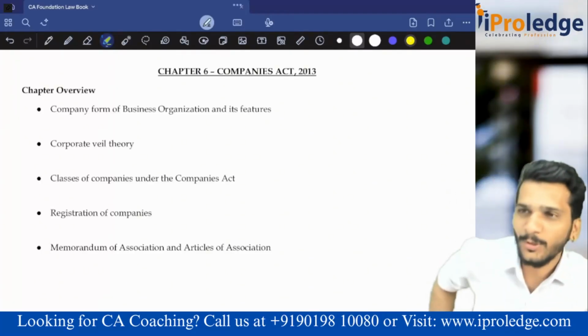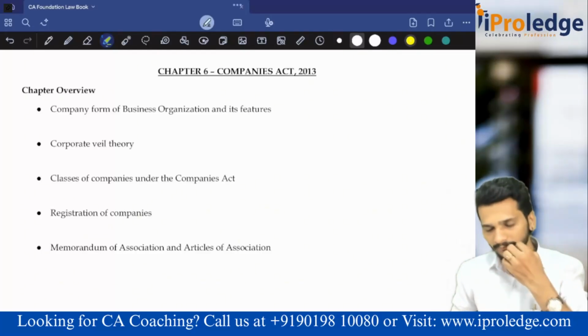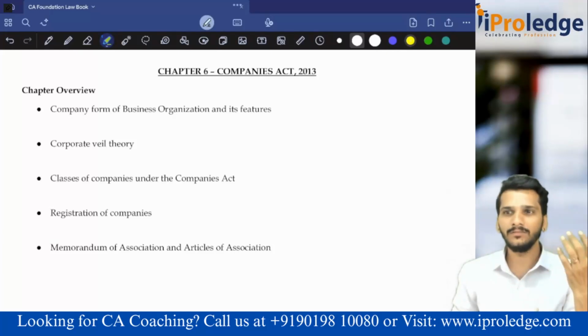So, Companies Act 2013. Company means a company which is incorporated under Companies Act 2013 or any other previous company law. When I say previous company law, before 2013 there was something called 1956, 1938, 1908, 1890 something, 1880 something.